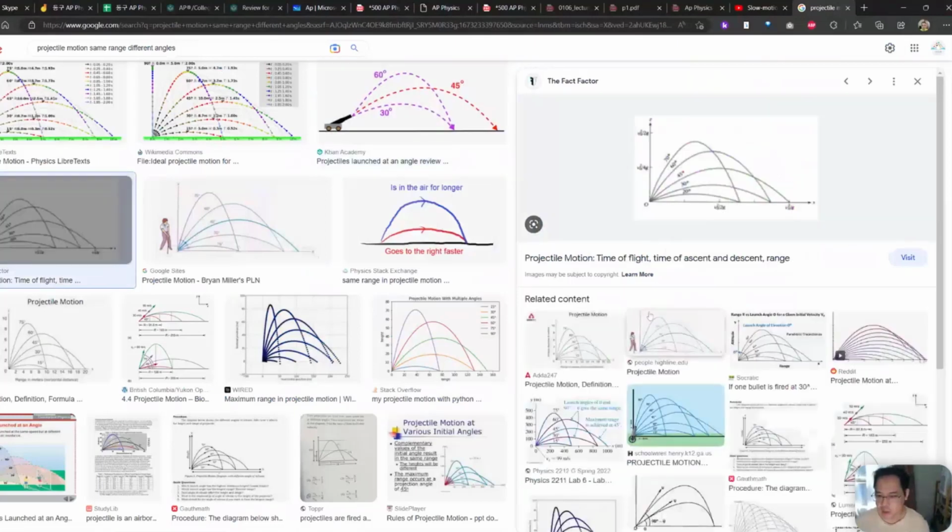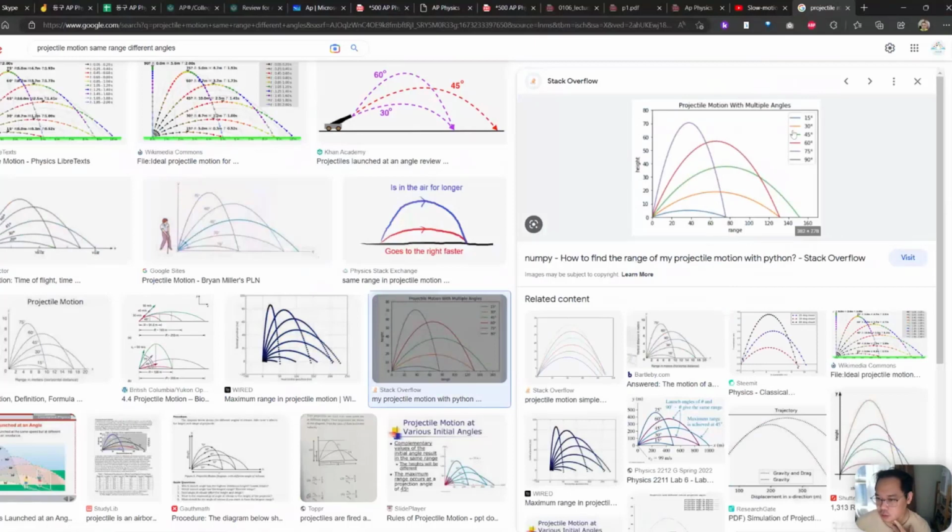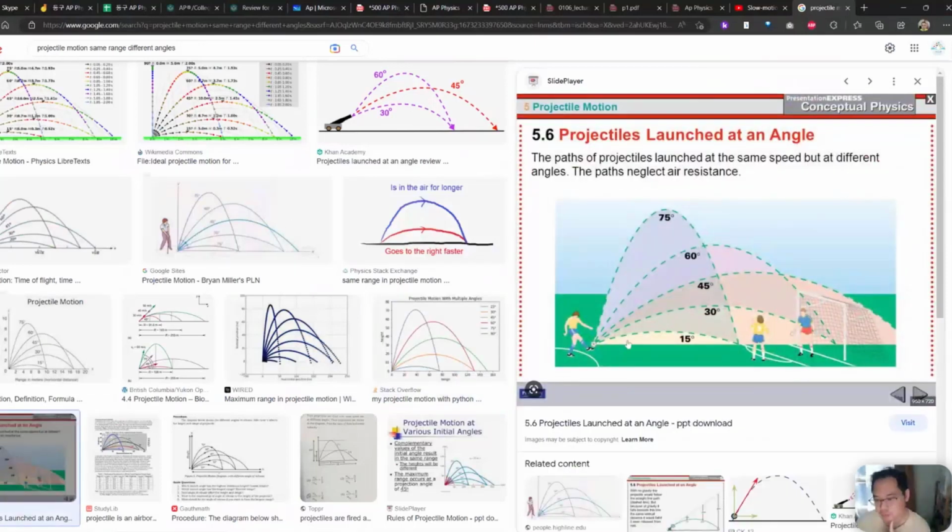Any other angles which are complementary, like 20 and 70, 25 and 65, 15 and 75, give the same range. Maximum range is at 45.